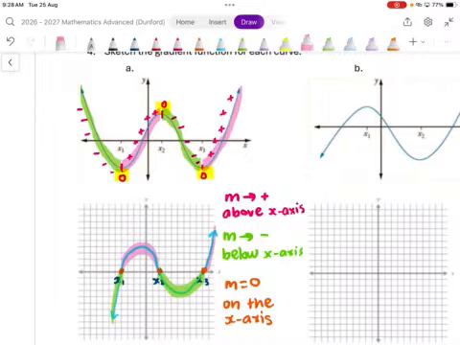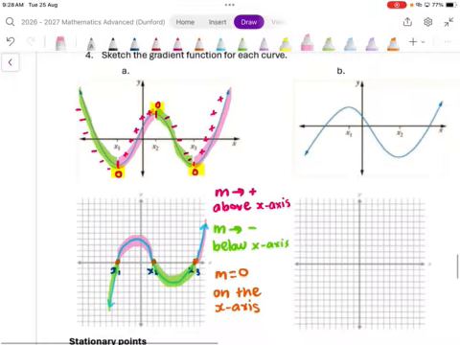Now, obviously, we want to just draw that as a nice smooth curve, so we don't need to do it in bits, but we can do it in bits. What you'll notice is that with A, we have 3 turning points, 3 stationary points. When we differentiate, our stationary points go down by 1.